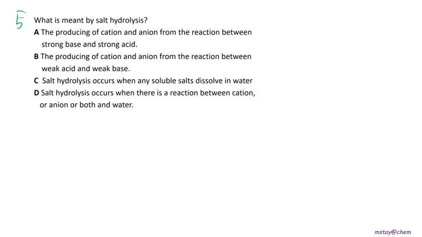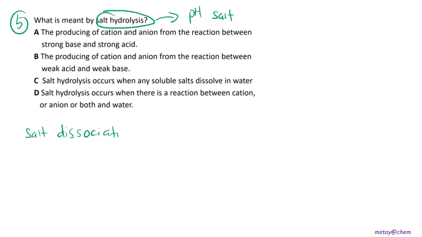Question number 5. What is meant by salt hydrolysis? As we know, the salt hydrolysis equation helps us to predict the pH of the salt. Before we can write the salt hydrolysis equation, we need to write the salt dissociation equation. For example, if we have NaCl, when it dissociates it will give Na+ and Cl-.